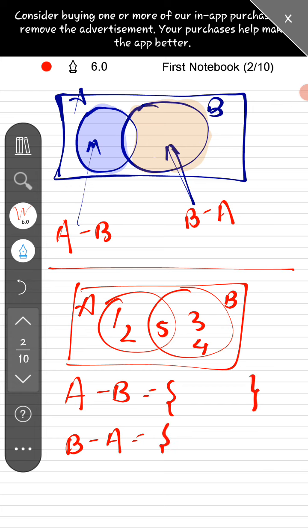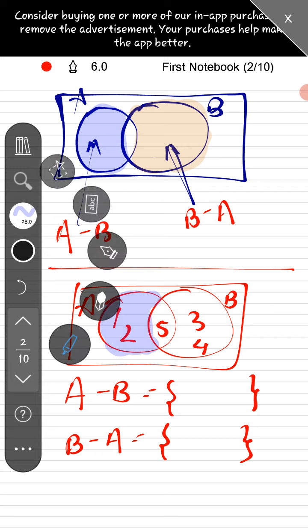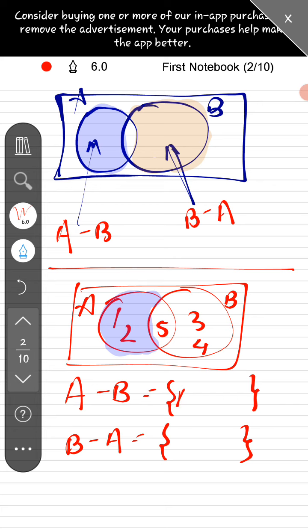I should write just only A, or only B. So can you see, this is only A, or A minus B. So we can write 1, 2.